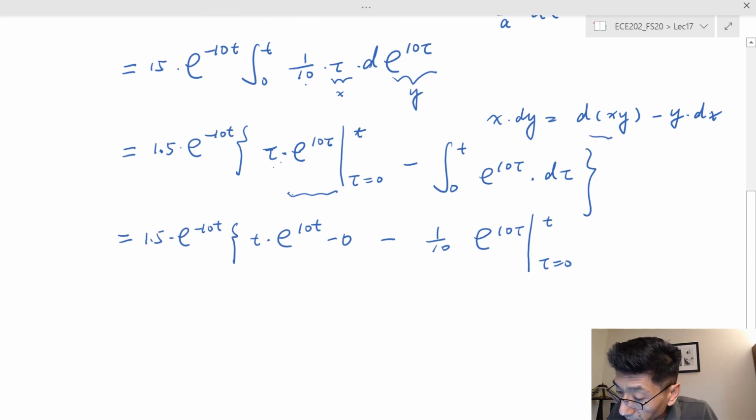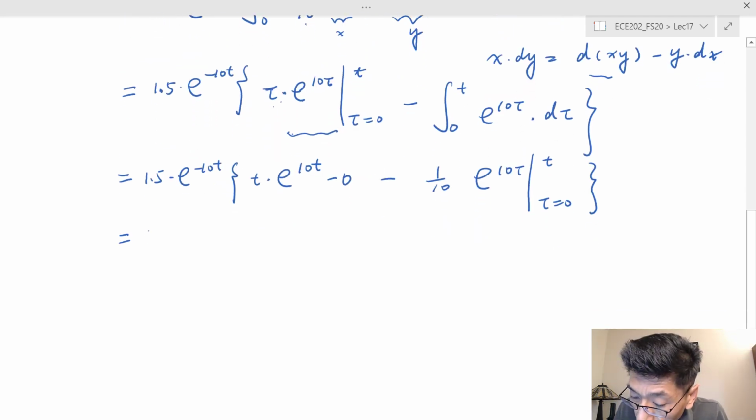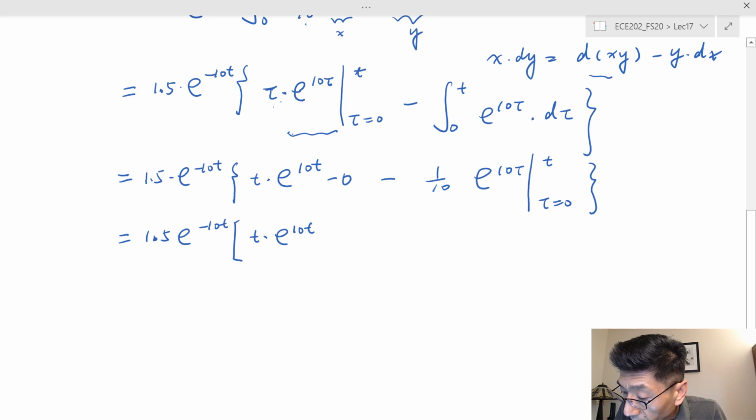So in this case, what's inside the braces here is 1.5 e to the minus 10t times, the first one is t times e to the 10t, and the second one here is minus the upper limit. I have 0.1 times e to the 10t, maybe write in 2 steps.